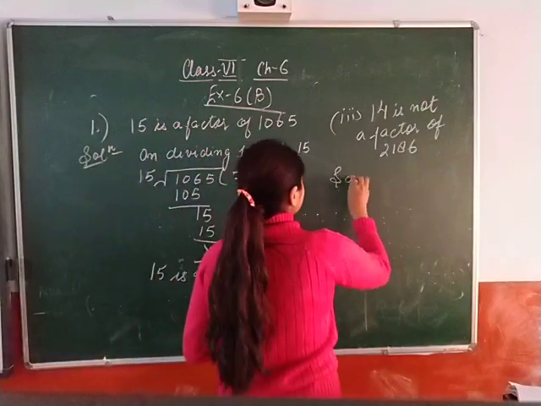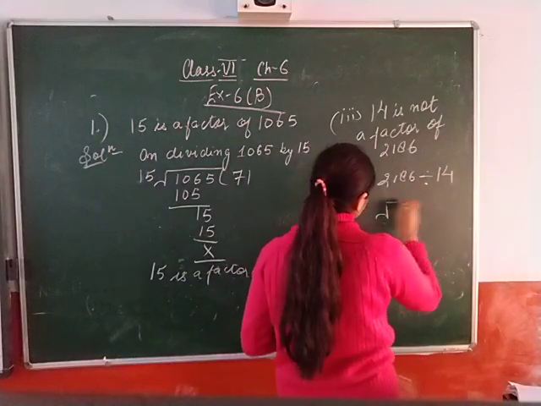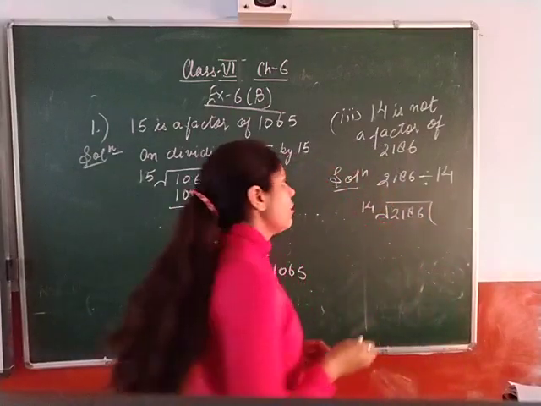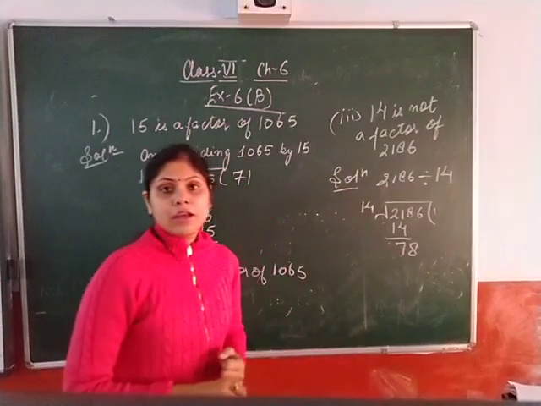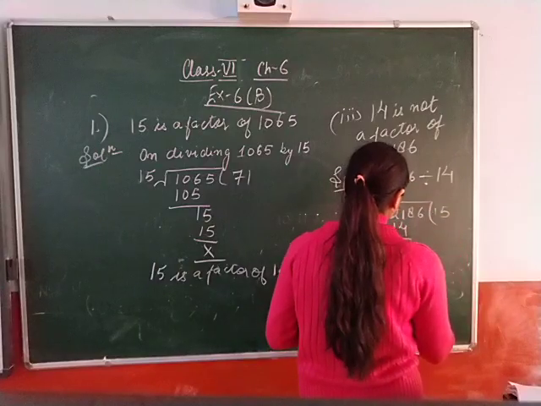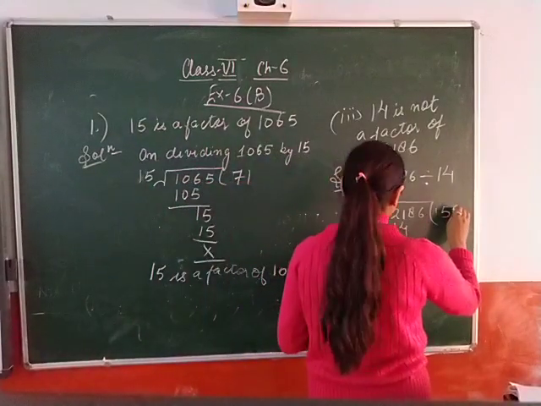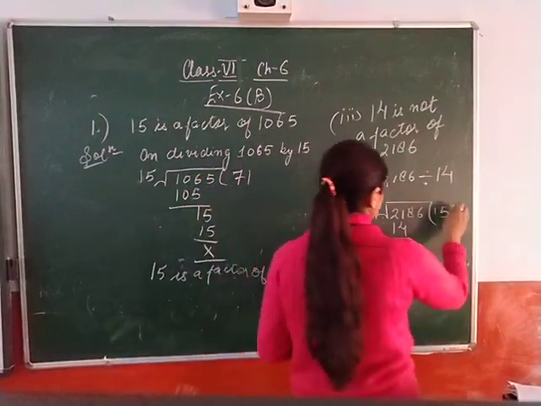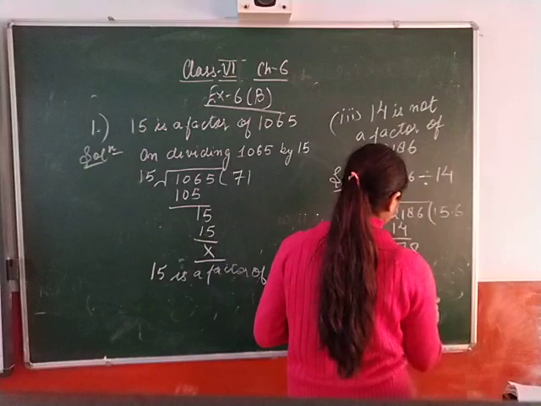So, 2186 divided by 14. 14 sixes are 84. 14 fives are 70.